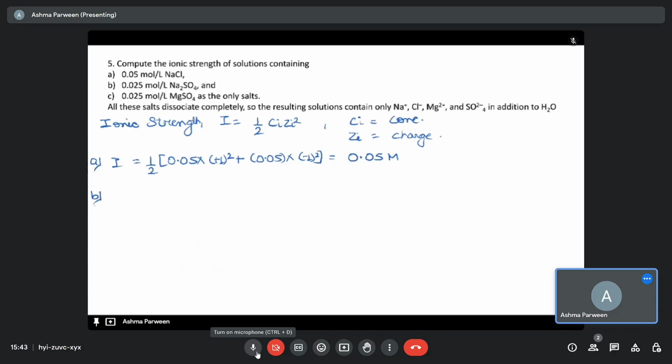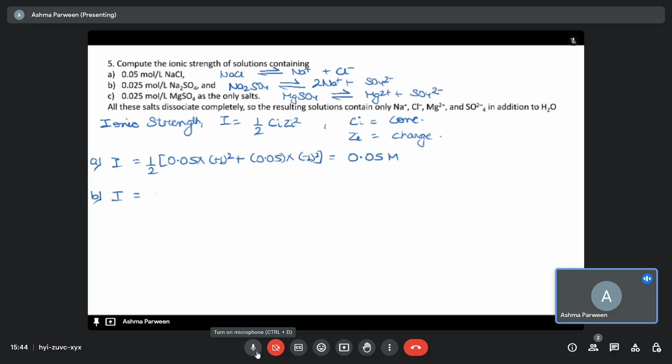Similarly for B, let me write here that NaCl will dissociate into Na plus and Cl minus, sodium sulfate will dissociate into Na plus and SO4 2 minus, and MgSO4 will dissociate as Mg2 plus and SO4 2 minus.